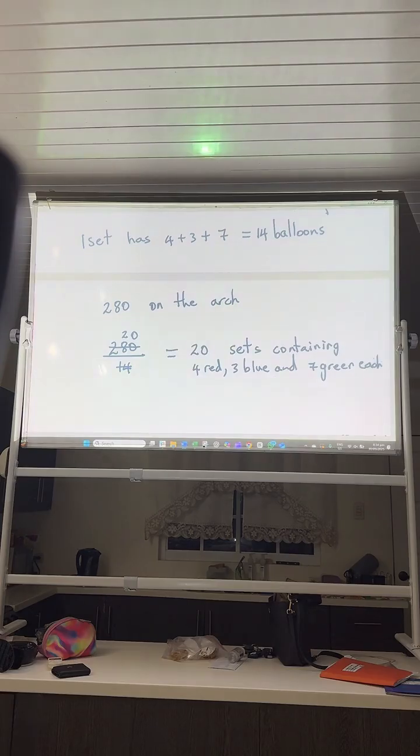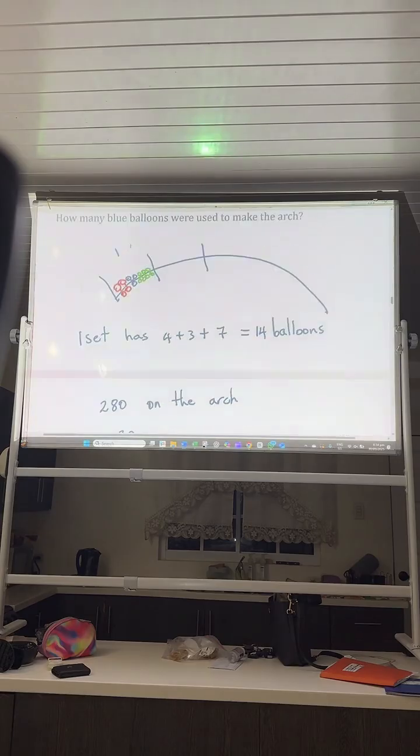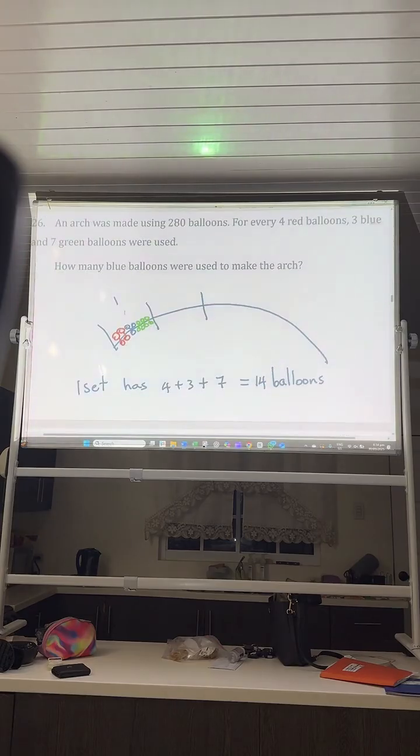Right? So if I want to find out how many blue balloons we have, what would I have to do? I'll have to multiply the number of sets by the amount in each set. The next set would have 3 blue balloons, and so forth.